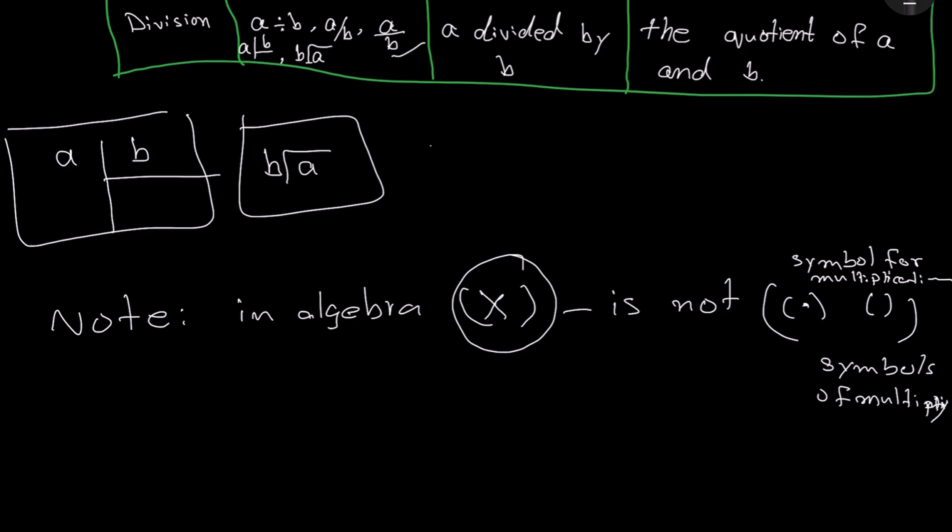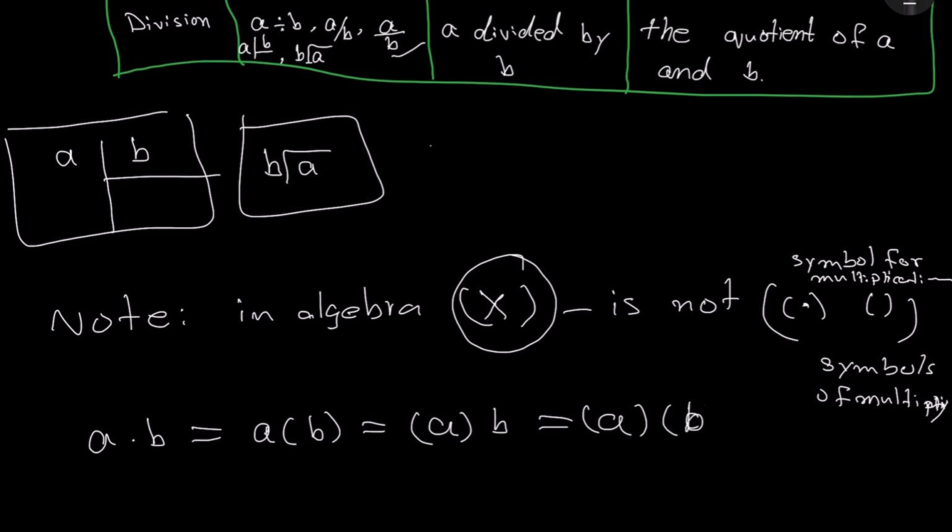We will focus on using a dot, like for example a times b, we will write it like that, or we can also write it in parentheses. So instead of using the cross symbol for multiplication, we will use a dot and parentheses to show multiplication. Okay, moving on.